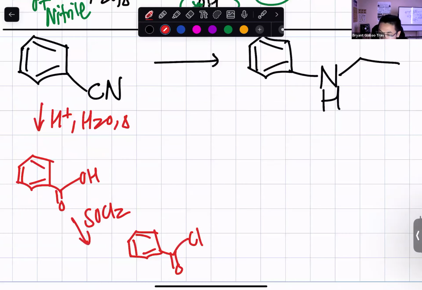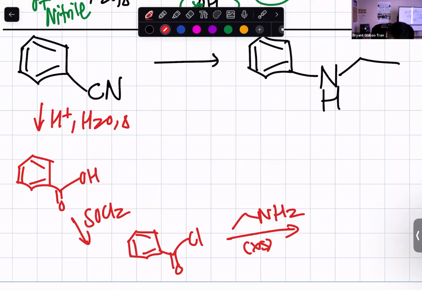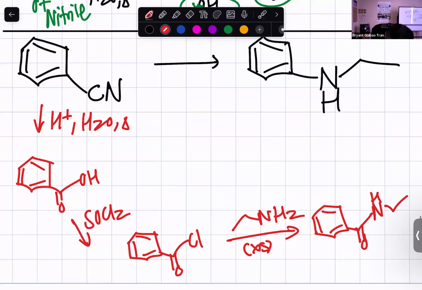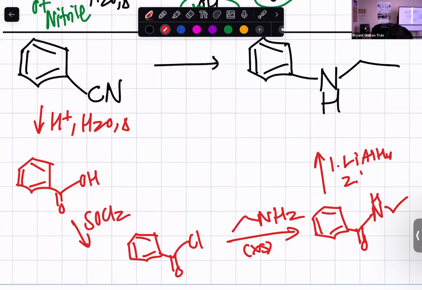And then the next step you guys said was the amine, like this ethanamine here, let's say the excess amount of it. That's gonna give us this amide, and when we reduce it with lithium aluminum hydride and acid workup, we are going to get this right here.